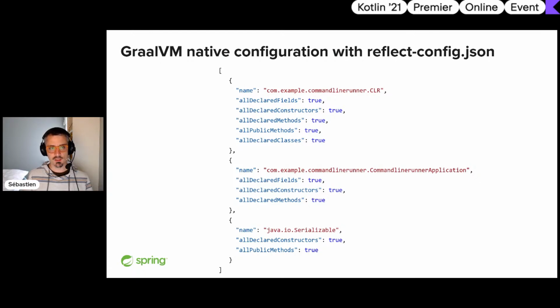Like I said previously, GraalVM native requires some explicit configuration for reflection, resources, proxies, etc. But typically Spring Native will generate most of this configuration for you, because if you have to craft this kind of reflect-config.json file for your whole application, you are not going to be super effective. So really, Spring Native is going to infer what is required to run your application on native.